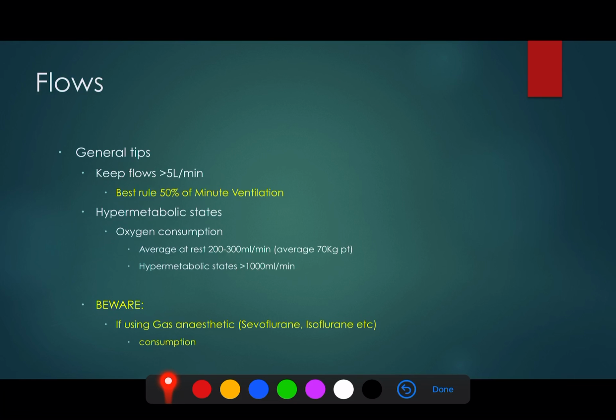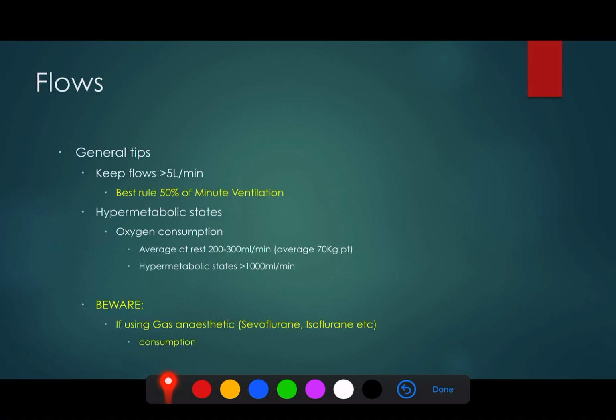The only thing I would say about high flows, so the 5-6 litres per minute, is talk to someone before you do it in someone who is being kept asleep with a gas anaesthetic like sevoflurane or isoflurane. The reason for this is you're washing out the gas so quickly that you're going to end up using up huge amounts of isoflurane or sevoflurane.